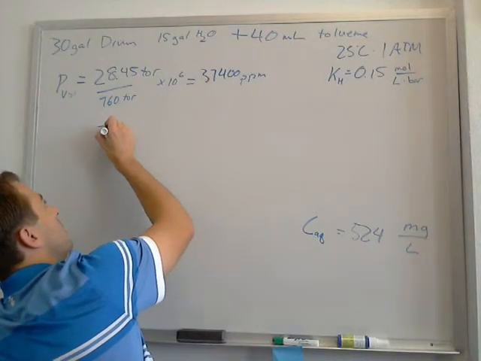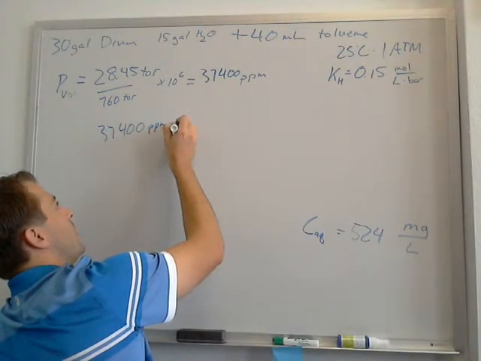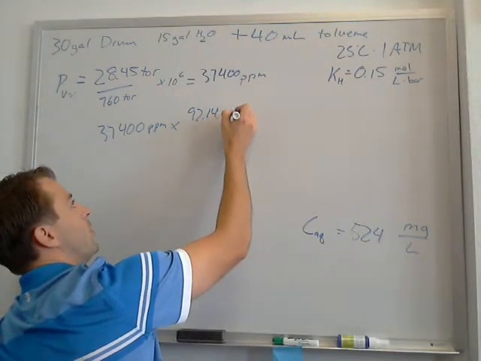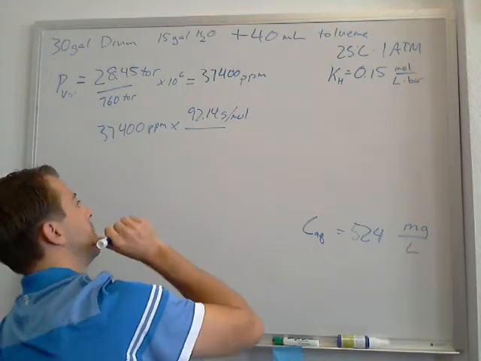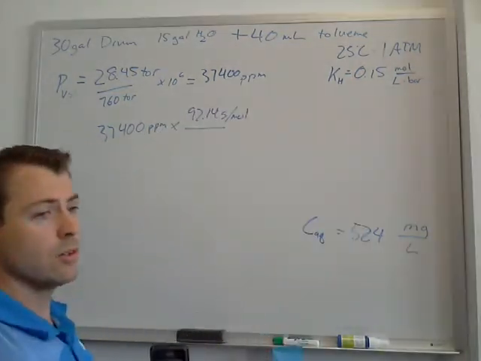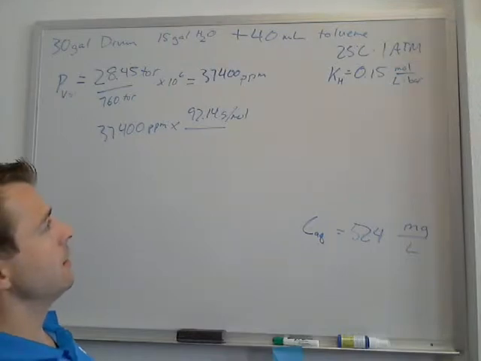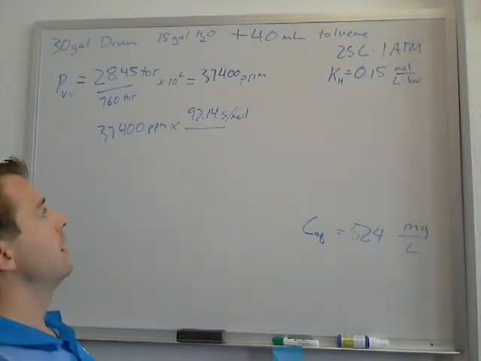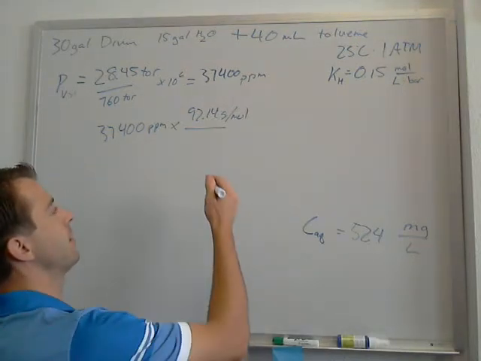So if we take 37.4 ppm multiplied by 92.14 grams per mole, and then divide by molar volume. Now, if you don't know the molar volume at 25 C and 1 atmosphere, you should calculate it using the ideal gas law. That should be one that you probably have memorized by now. It's 24.45. We're not going to cover that in this post. There are other posts that cover the more basic calculations like that.